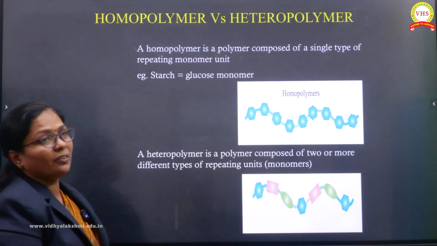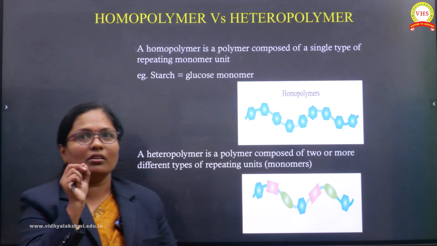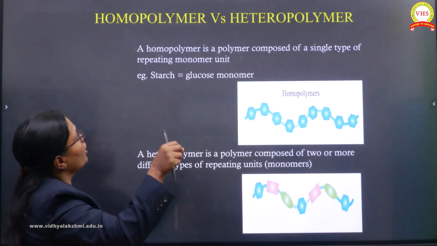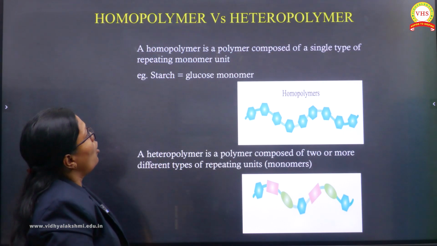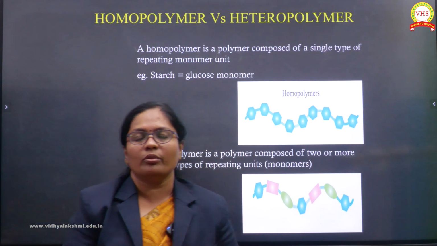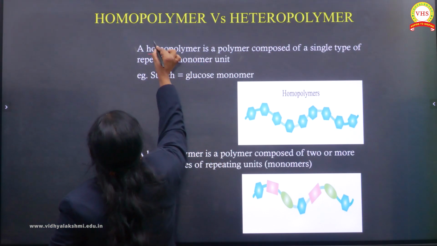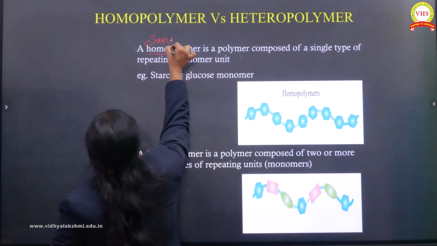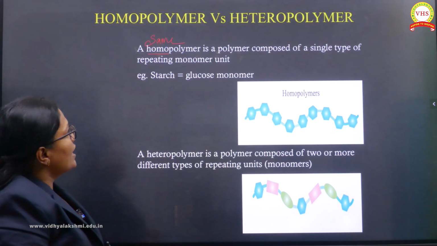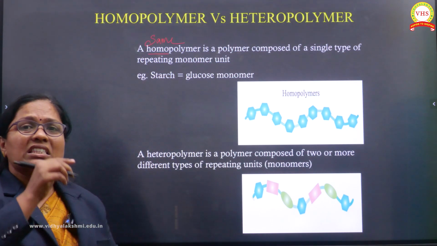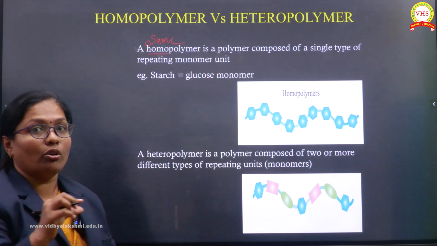Now homopolymer versus heteropolymer. One more a small thing before going into structure of DNA. Here is homopolymer. What is homopolymer? Homopolymer, homo means, the word homo says that it is same. Okay, same. Homopolymer is a polymer composed of same type of monomers.